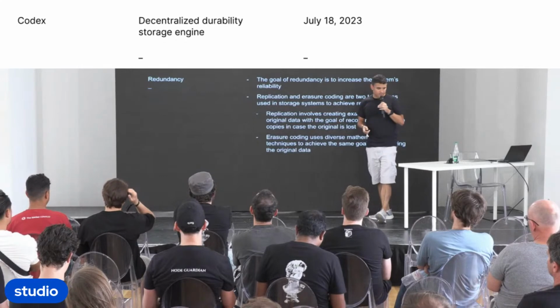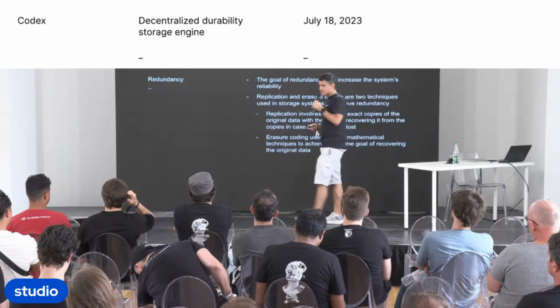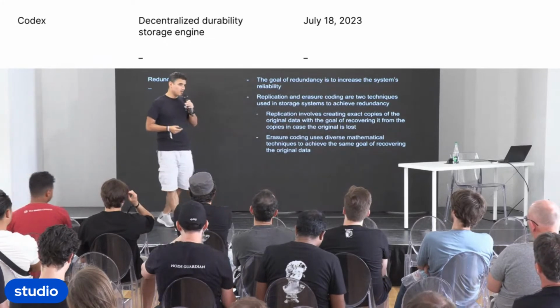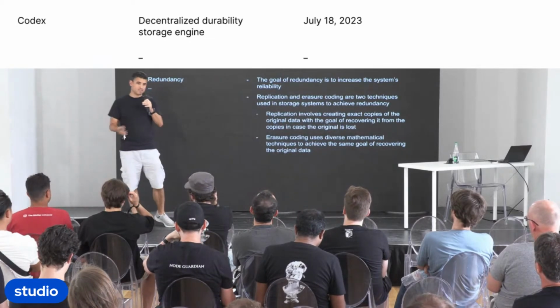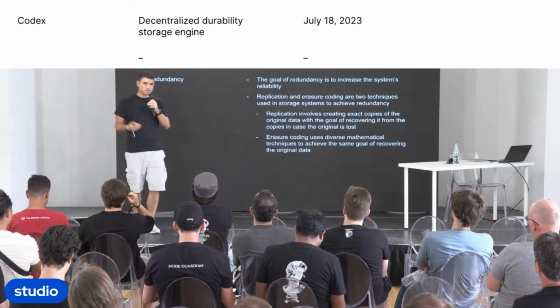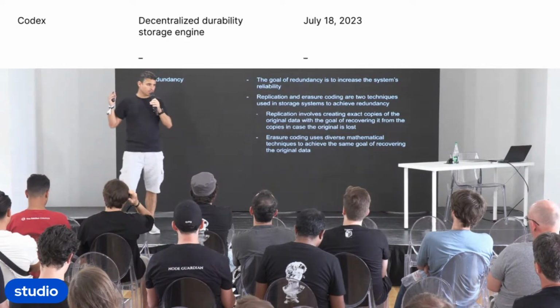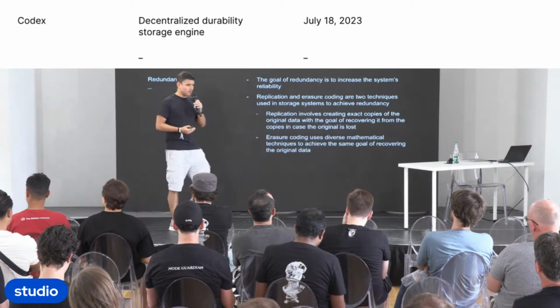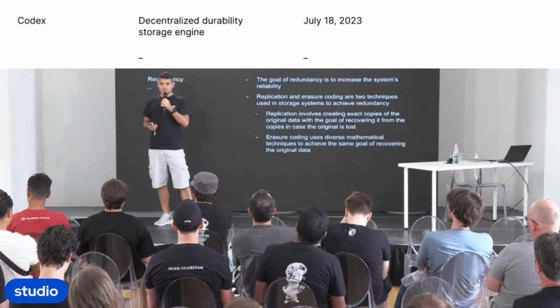First of all, redundancy. So the goal of redundancy is to increase the reliability of a system, meaning that when I lose part of the data, in this context, I will be able to retrieve that data somehow, right? And there are different types of implementing redundancy. One of them is replication, okay?